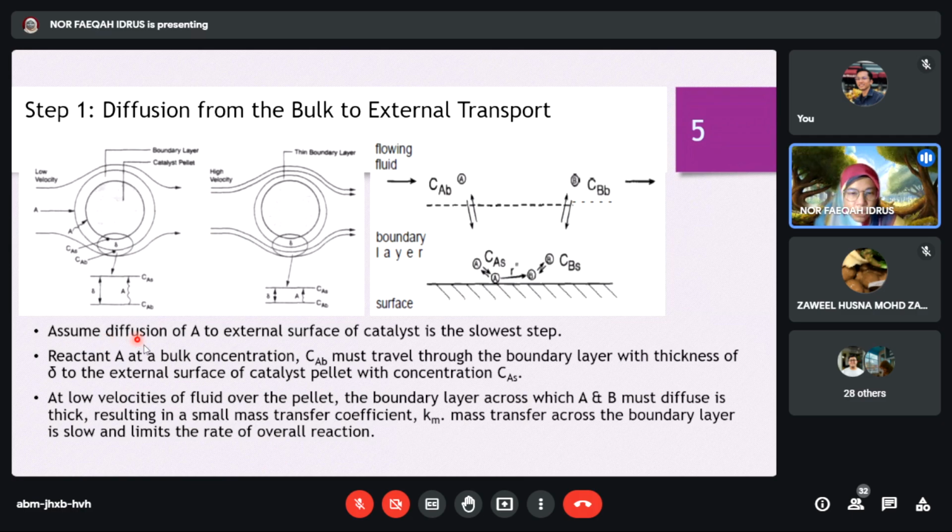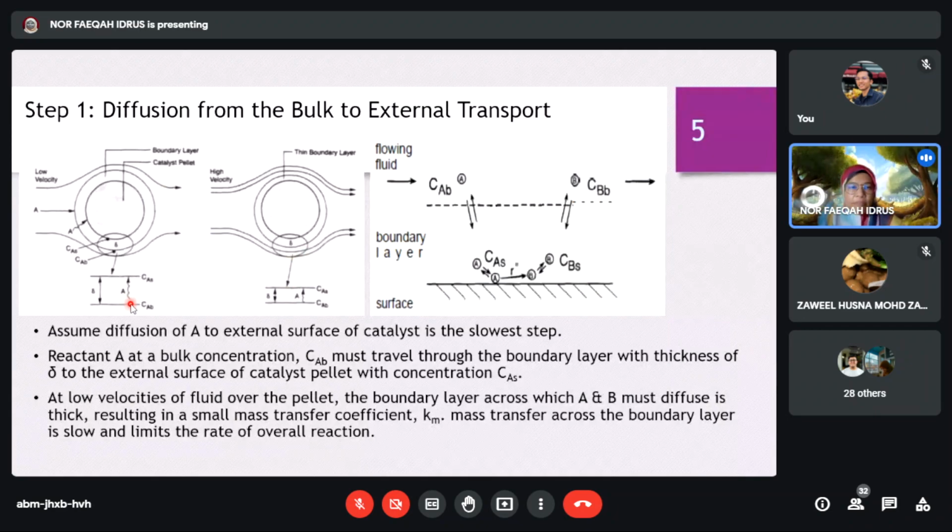Right. So assume diffusion of reactant A to the external surface of catalyst is the slowest step. Why do we need to assume the diffusion step is the slowest step? This phenomenon depends on the velocity of the bulk fluid. If the velocity of the bulk fluid is very low, that's why they write low velocity here. We just focus on this diagram first, and after that we look at the second diagram.